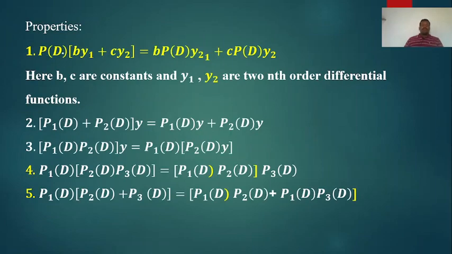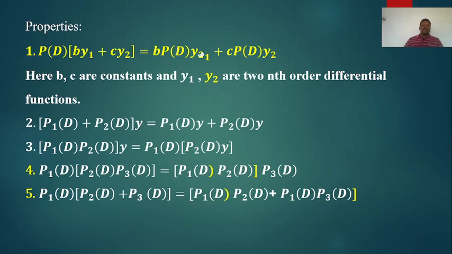Properties. P(D)(b y1 + c y2) can be written as b P(D) y1 + c P(D) y2. Here b, c are constants, and y1 and y2 are both nth order differentiable functions. Second property, (P1(D) + P2(D)) y = P1(D) y + P2(D) y. Third property, P1(D) (P2(D) y) = P2(D) (P1(D) y).